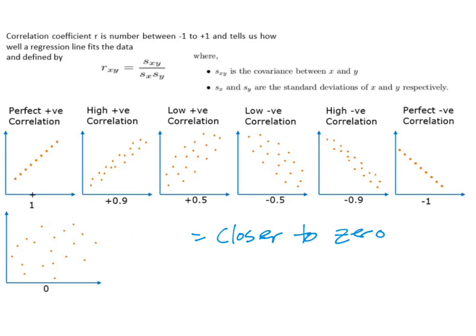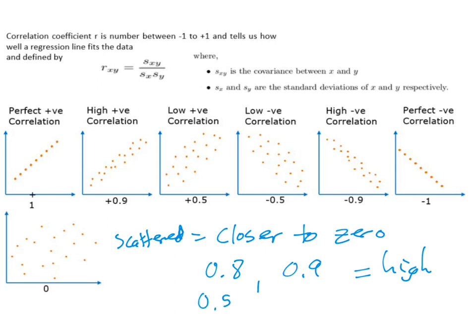I'm going to write this out with words. So scattered is closer to 0. Something like this, right? A correlation coefficient of 0 or like 0.04. Those are really low. And something like 0.8, 0.9, these are really high correlation coefficients.